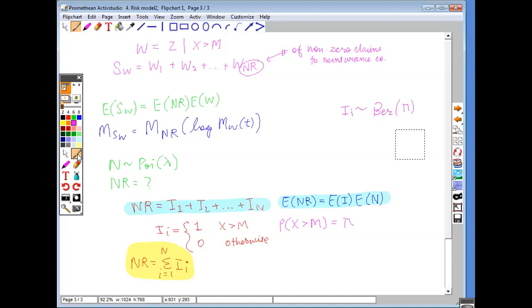Whenever this is the probability that my x takes a value greater than m, it also implies that this is the probability that my I takes the value 1. And we know that there is only a binary choice for the I random variable. So the probability that I will take the value 0, which is the only other value it can ever take, is going to be 1 minus pi. Right? Does this make sense to everyone?